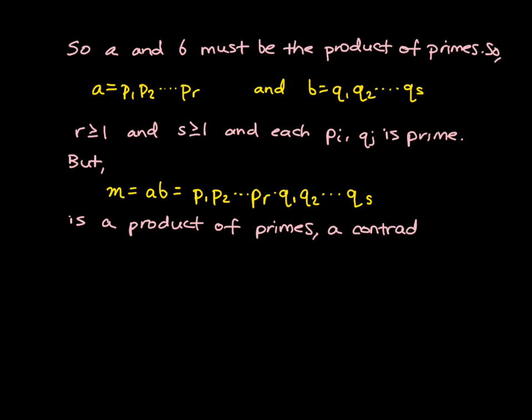So if we assume something to be true and it leads to a contradiction, that thing cannot be true. What we assumed was true here was that S was a non-empty set. And so what this tells us is that S must be empty.